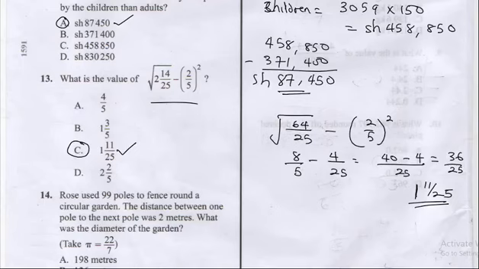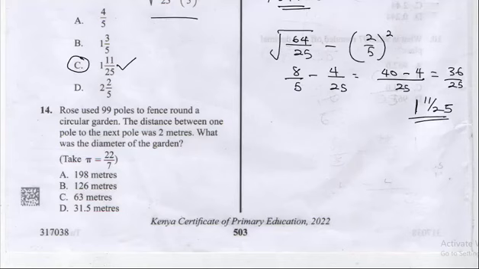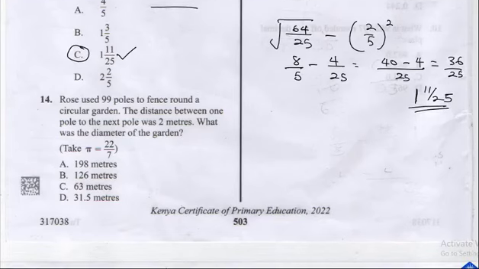So question 14 says, a farmer used 99 poles to fence around a circular garden. The distance between one pole to the next pole was 2 meters. What was the diameter of the garden? Now, what I want you to understand from here is, let's assume this is one pole, as if the poles were lying on the ground.